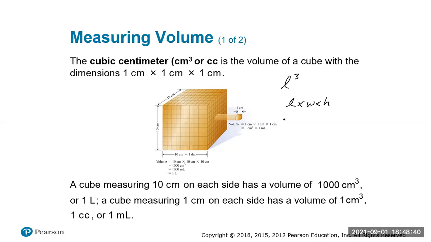And each of these are length measurements, which, for example, if we measured each of them in centimeters, centimeters times centimeters times centimeters gives us a cubic centimeter. A cubic centimeter is actually a volume. Each of these individual measurements here are length measurements.